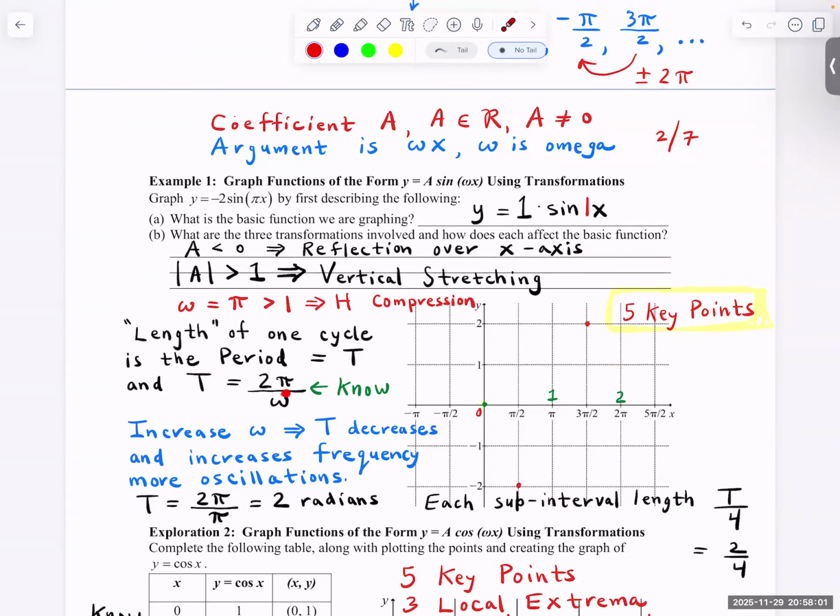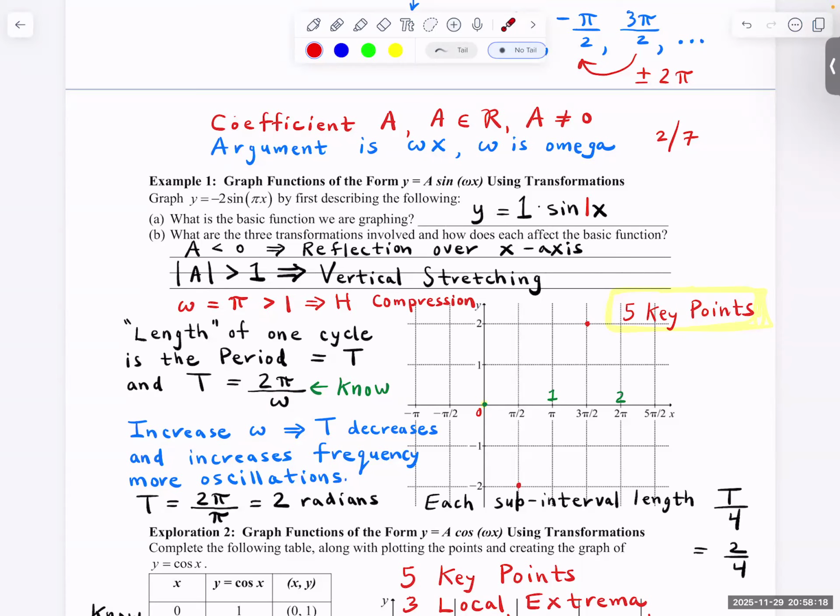Now, omega is in the denominator. It's a divisor. So if you increase omega, that means the period is going to decrease since you're dividing by a number larger than 1.